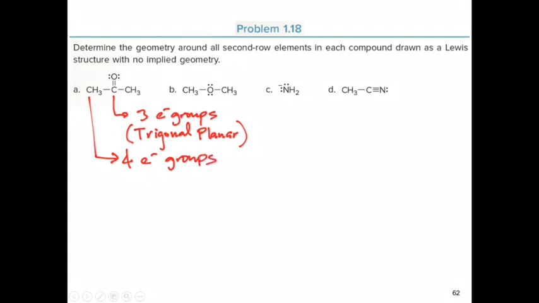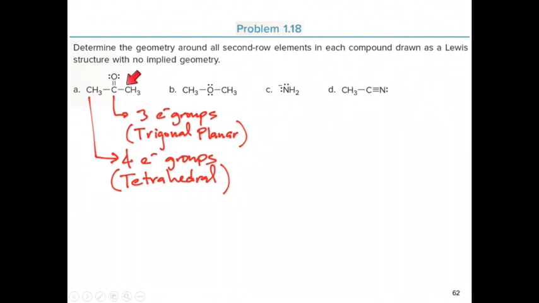And any molecule with a total of 4 electron groups will have tetrahedral electron geometry. All right, and this CH3 here, this carbon is essentially the same as this carbon on the left. And so it will also have 4 electron groups and a tetrahedral electron geometry.